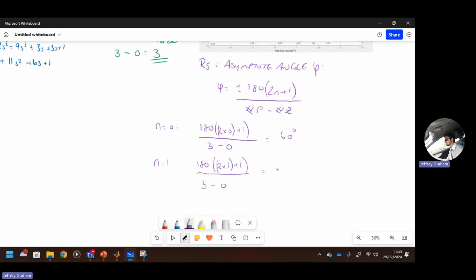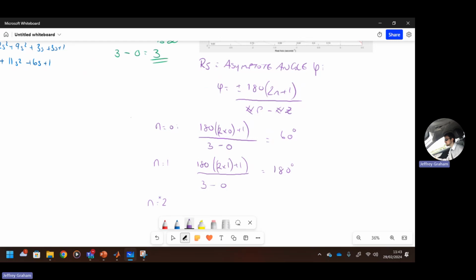Again, stick that in the calculator, we get 180. The number of branches you've got is the number of times you have to calculate this. So we've got 1, 2, 3.